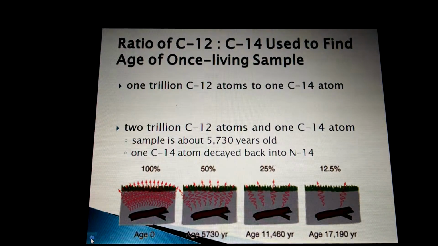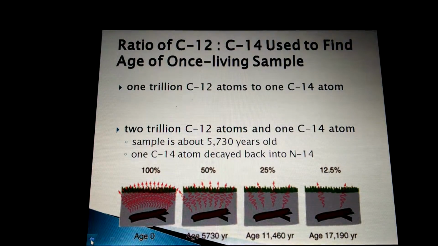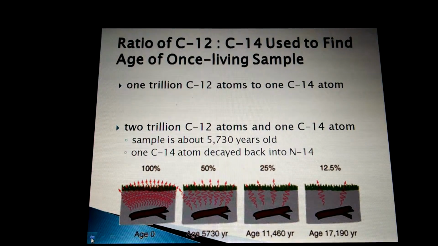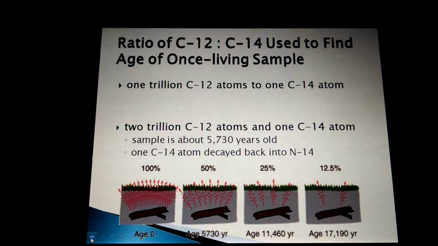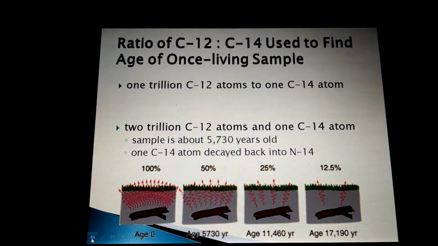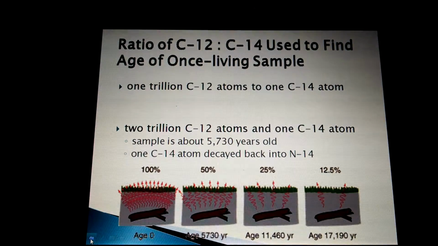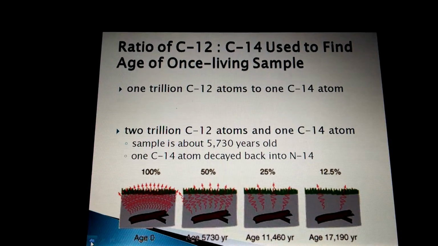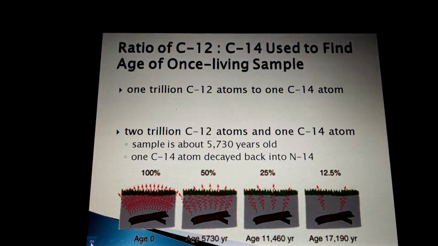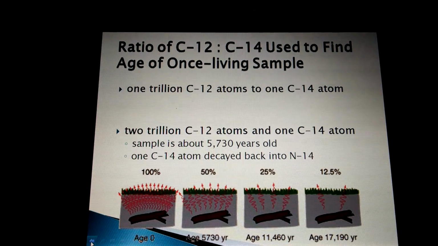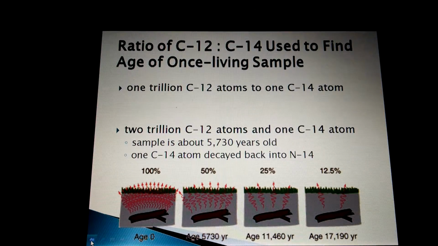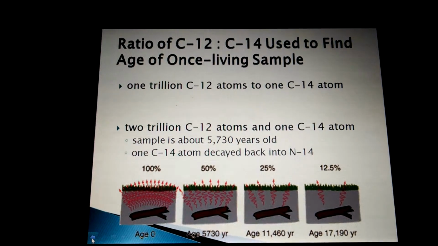So if you found a sample that had 2 trillion carbon-12 atoms and 1 carbon-14 atom, you can infer that the sample is about 5,730 years old, since the carbon-14 level is about half of what it should be, taking into account this ratio of 1 trillion carbon-12 to 1 carbon-14. So then you can infer that one of the carbon-14 atoms has decayed back into the nitrogen-14 over time. However, the carbon-12 level is the same as when the sample died.